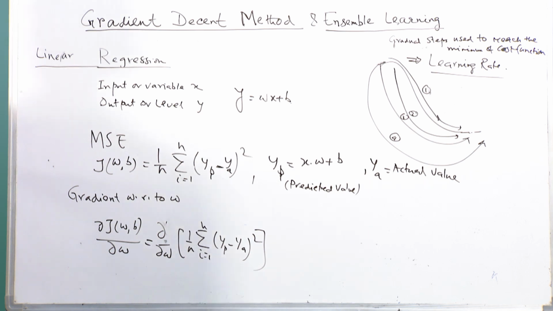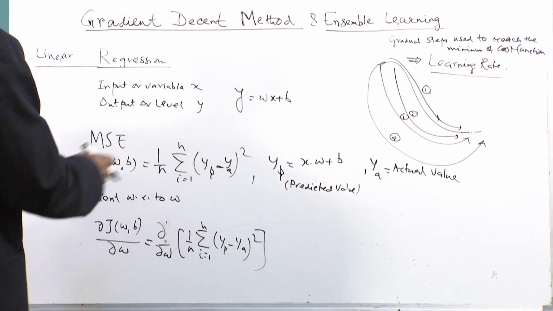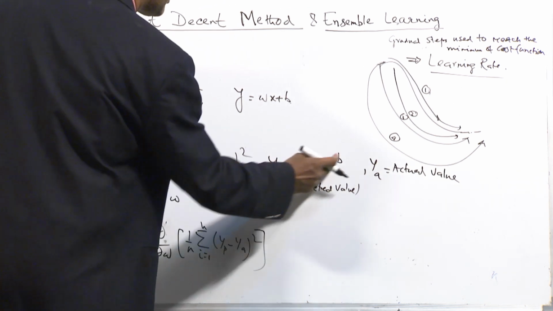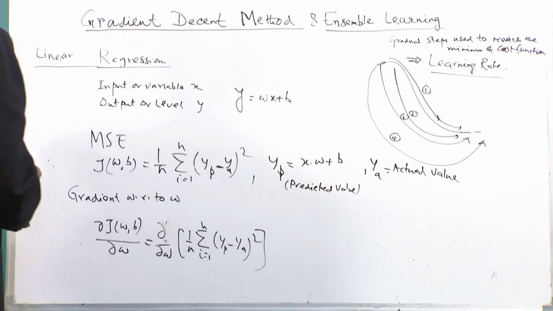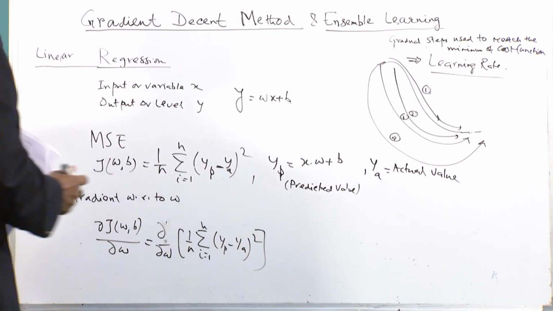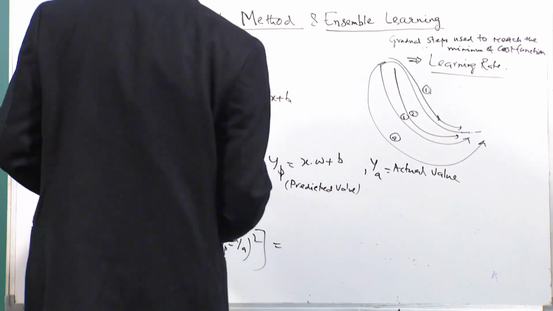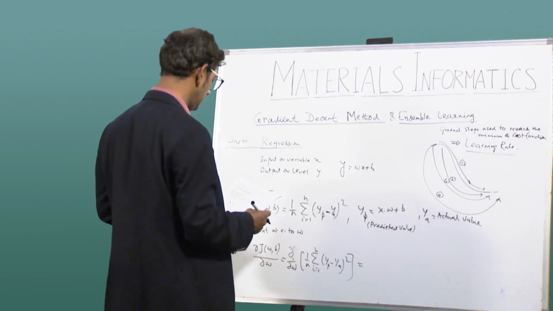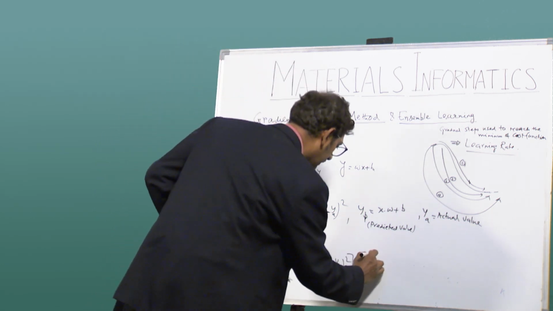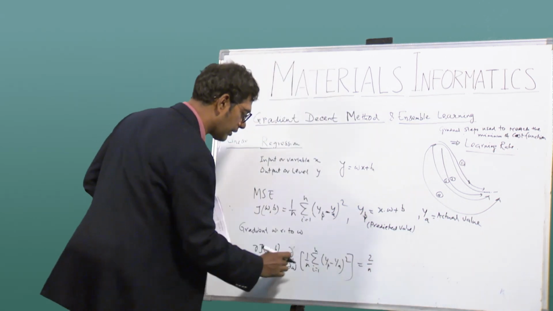Now, in order to get this gradient value, we substitute this yp with x into w plus b. So, you can clearly see this slope will be 2 by n, because the square will come down.